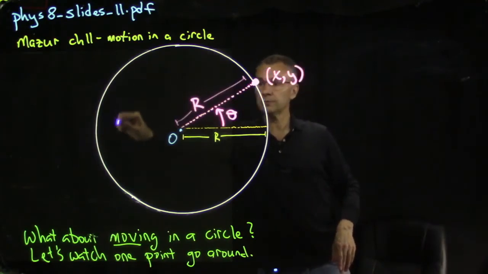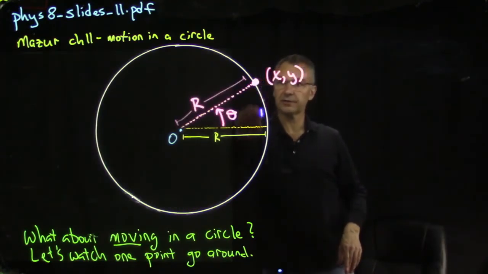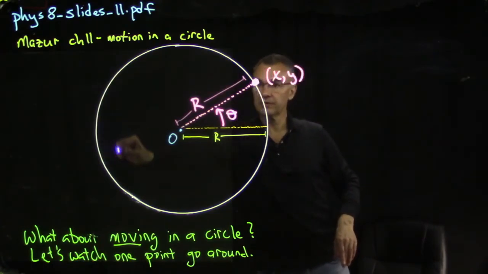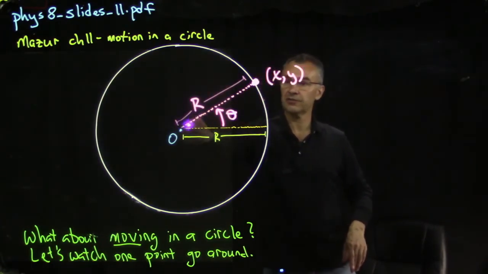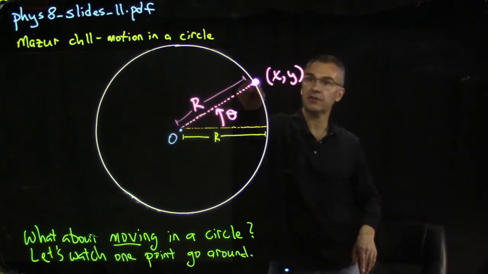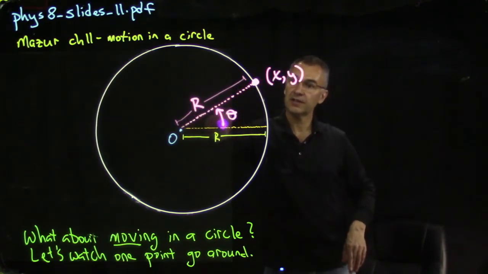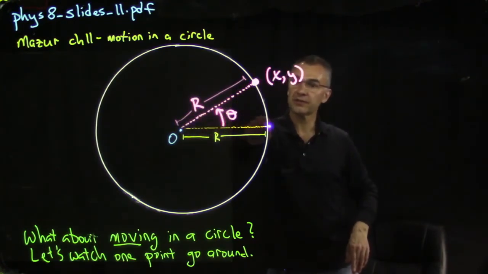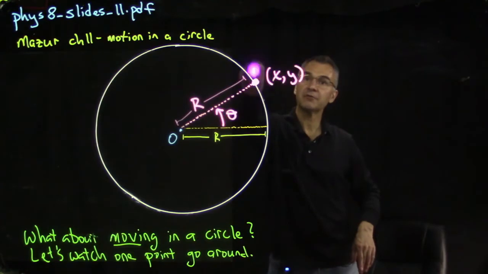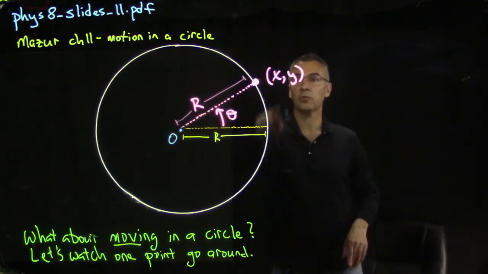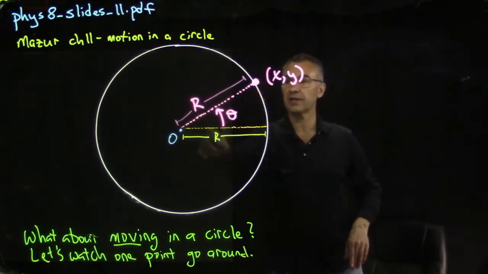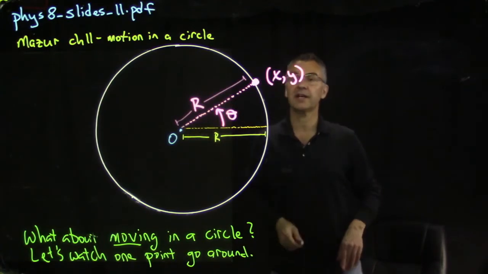As we watch one point go around and around the circle, let's say that our distance from the origin is r. So this is r, this is r. And then let's say that we measure angles with respect to the positive x-axis. And let's say that this angle is theta. We want to try to figure out how the coordinates x, y of this point relate to this radius and the angle theta.